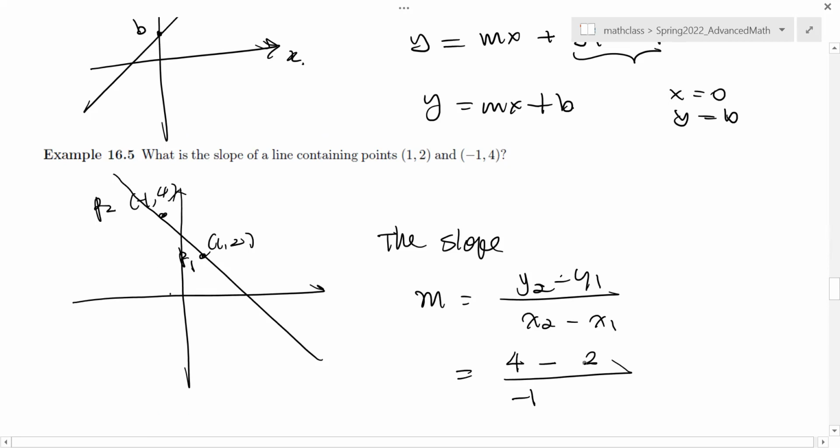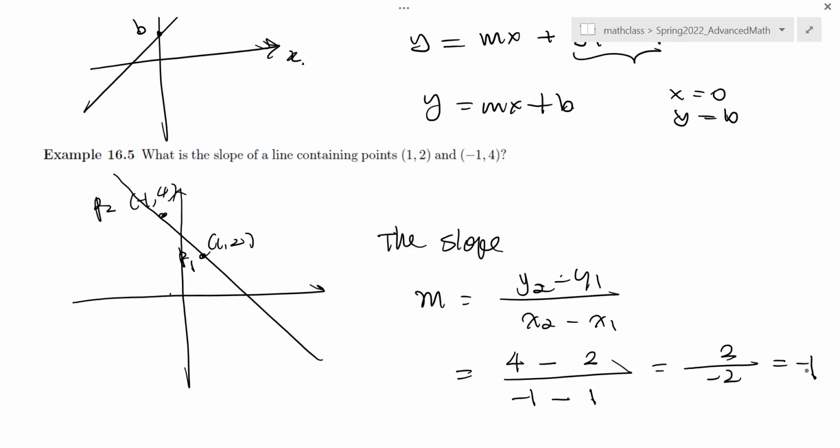If y2 is 4, then x2 should be -1. So minus x1 gives me 2 over -2, I get -1. So that is the slope. And it doesn't matter which pair of points you choose. If you're given 3 points on the line, you can use any pair of the points to calculate the slope. So slope is a number unique to the line.